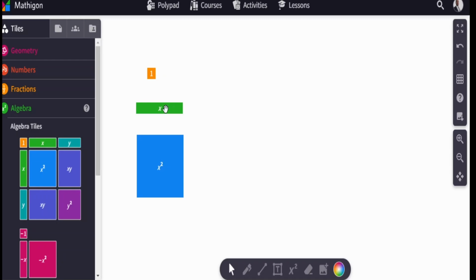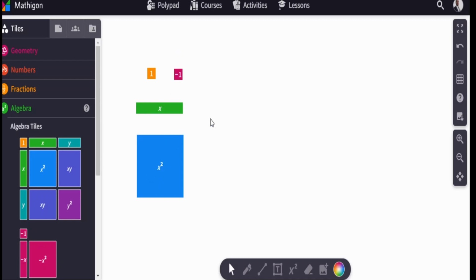The X tile, which in this case is green, has a red back. And the X squared tile, which is blue, has a red back too. In each case, the main color has a positive value. So with the unit tile here, the orange is positive 1, and when we flip it to get the red, we have negative 1.